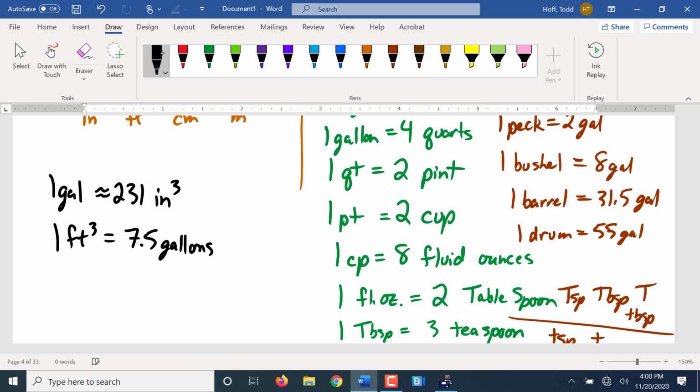So a 5-gallon bucket's only about 2/3 of a cubic foot. Now you think about it, it's taller than a foot, but on the bottom it's only about 9 inches and it's round. So those lost corners make it quite a bit smaller than a cubic foot. But most people are surprised by that. Most people would say 5-gallon bucket is really close to a cubic foot.